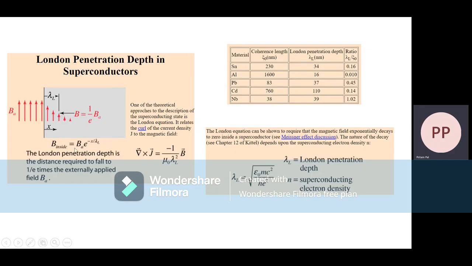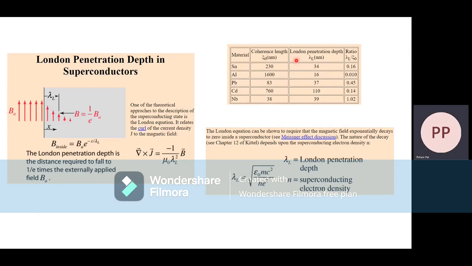So by definition, B inside will be equal to B applied times e power minus x by lambda L. This lambda L is your London penetration depth.